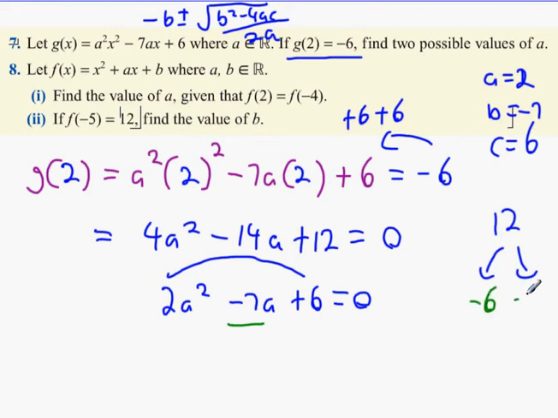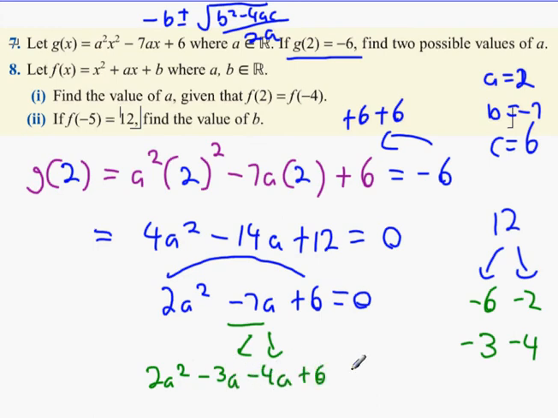Minus 6 minus 2 will give you minus 8, so you're one away. Try different two numbers. Minus 4 minus 3. So you split up your 7a into minus 3a minus 4a plus 6 equals 0. Is that right?